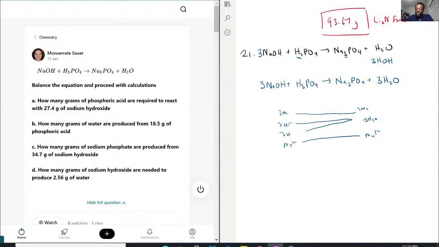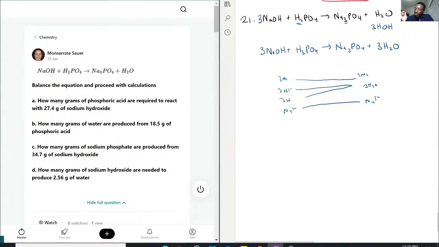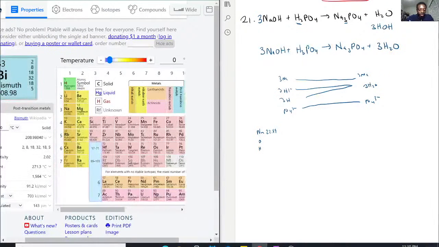So let's start with NaOH, okay? We ignore the coefficients. We focus on just the NaOH. So that'd be 1 Na, 1 O, 1 H. Sodium is 22.990, oxygen is 15.999, and hydrogen is 1.008.